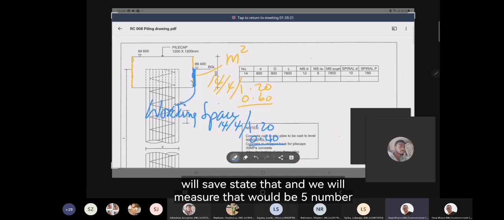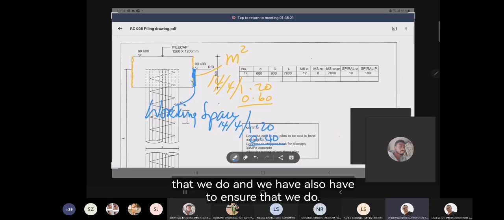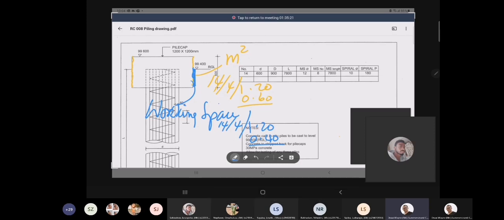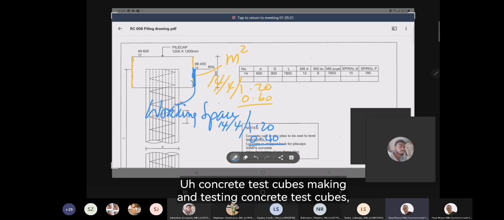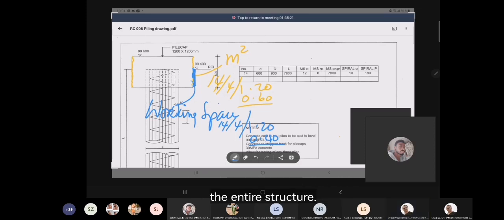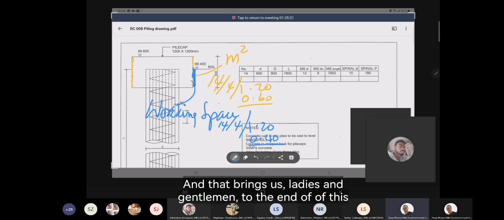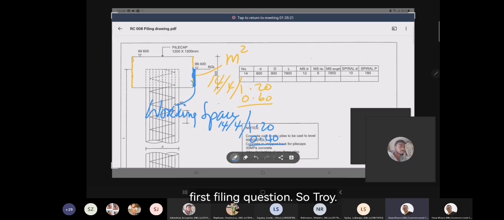That will be 5 number that we do, and we also have to ensure that we do concrete test cubes, making and testing concrete test cubes, and we just allow for 10 of those. Reason being, so that they can determine the concrete strength throughout the entire structure. And that brings us, ladies and gentlemen, to the end of this first piling question.